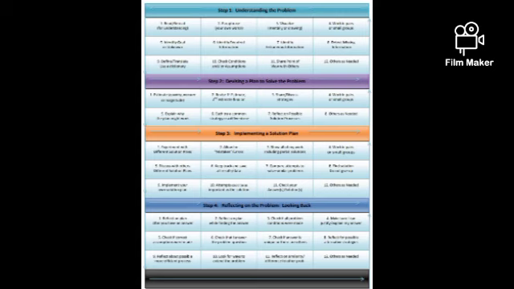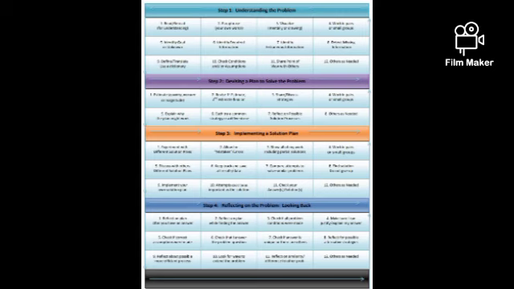You can see that there are arrows in the diagram. We have an arrow that goes from step 1 to step 2, from step 2 to step 3, and arrows that go from step 3 to step 4. We also have an arrow that goes from step 2 to step 1.